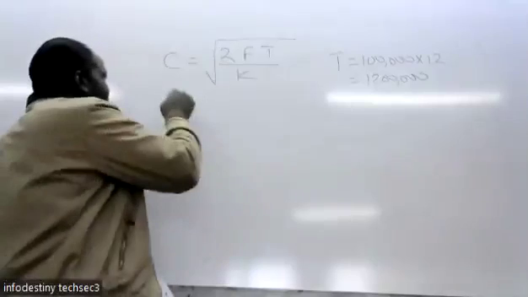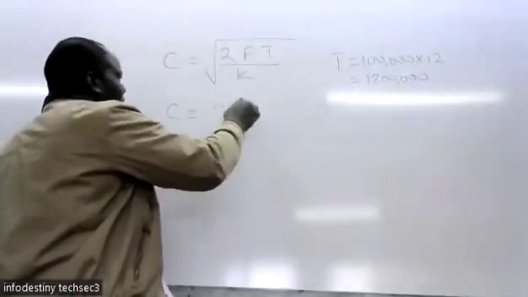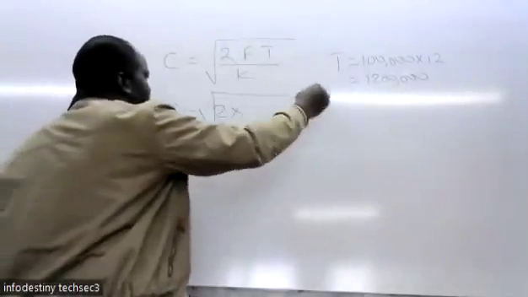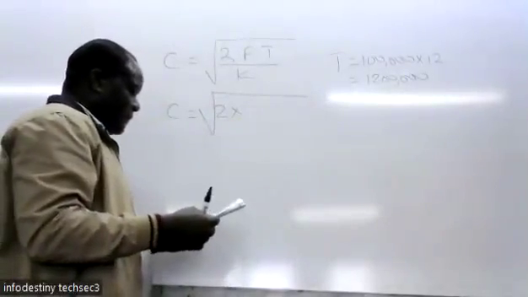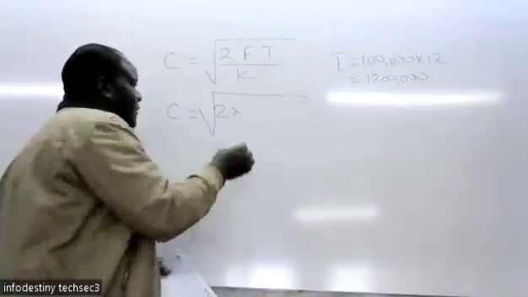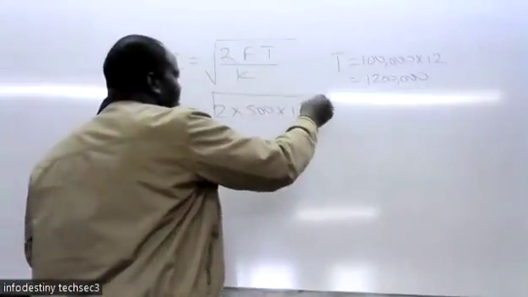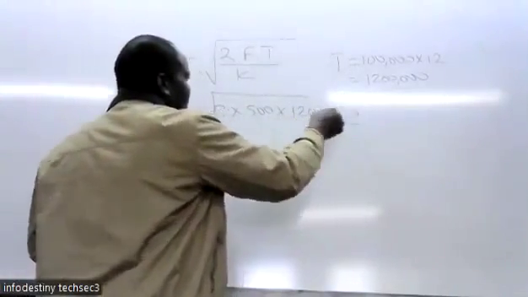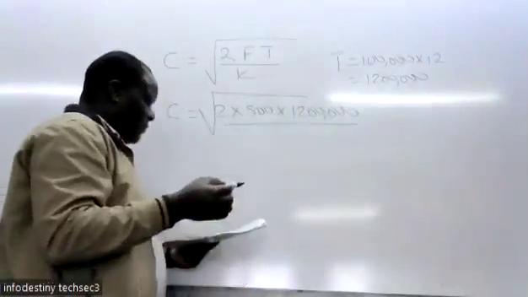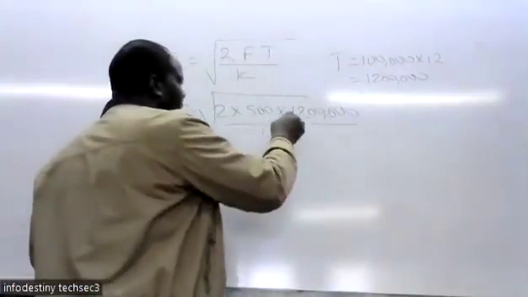Now you come back and calculate C. 2, F is given as the transaction cost, that is 500, multiplied by 1.2 million. Then K is 10%, and that is the same.